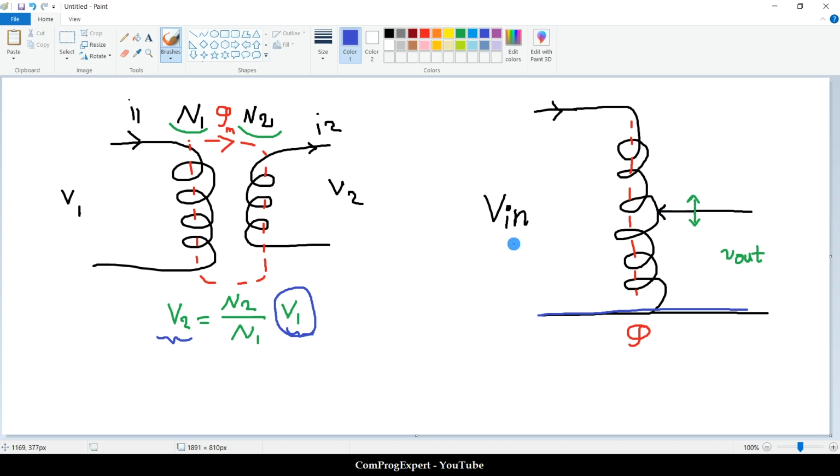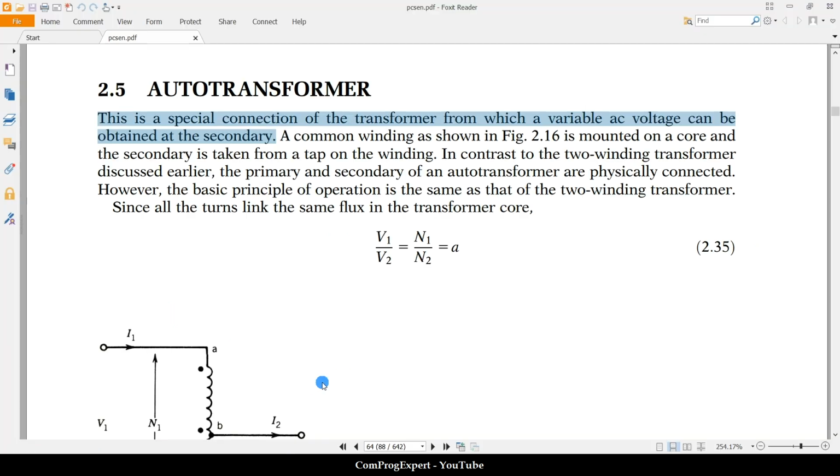This electrical connection is a disadvantage for auto transformer, and this electrical separation between the input and output is an advantage of the transformer.